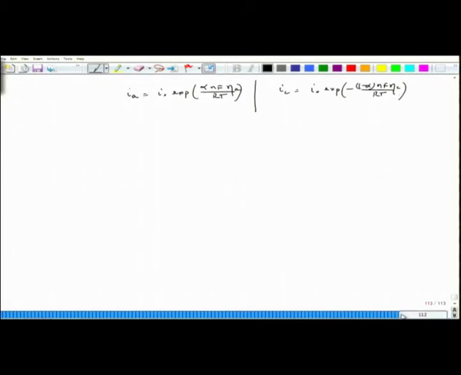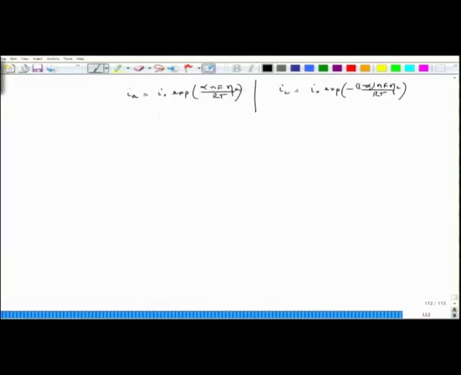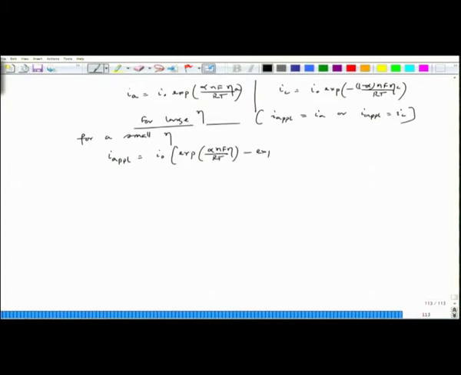But when it is not large, then we have to consider this I applied, and at that time I applied is not IC or IA, small overvoltage. So, these two equations are valid for large overvoltage, but for a small overvoltage, I applied is not equal to IA or IC. For a small overvoltage, I should write a combination of this: I0 exponential alpha NF eta by RT minus exponential minus 1 minus alpha NF eta by RT. This is for a small overvoltage.